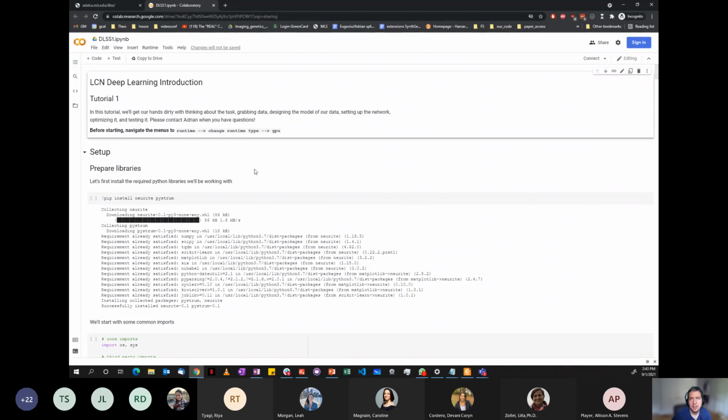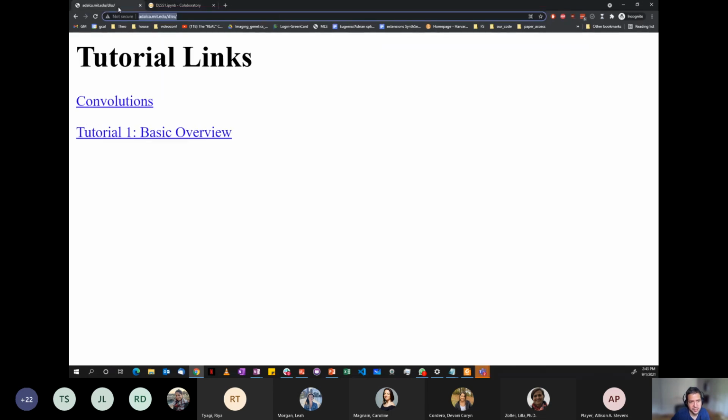It's basically a mix between taking notes in a notebook and running Python in that notebook. The really awesome thing is you don't have to install or download anything. You just go to this address that I pasted, and go to tutorial 1.